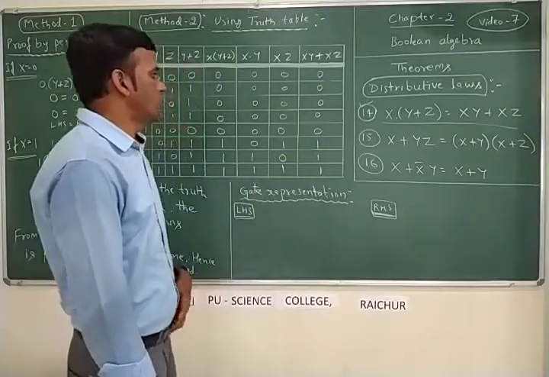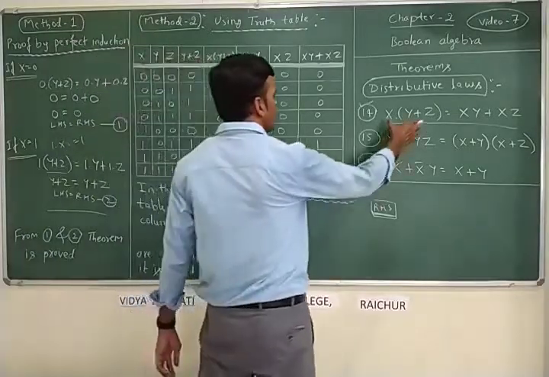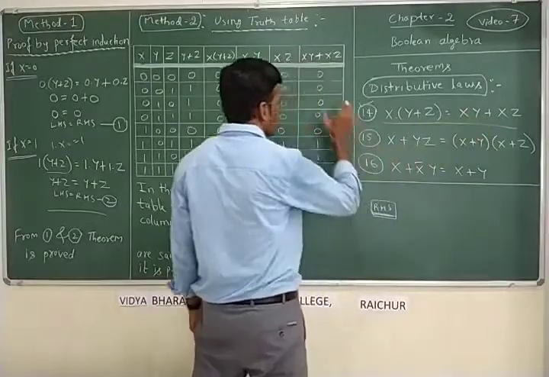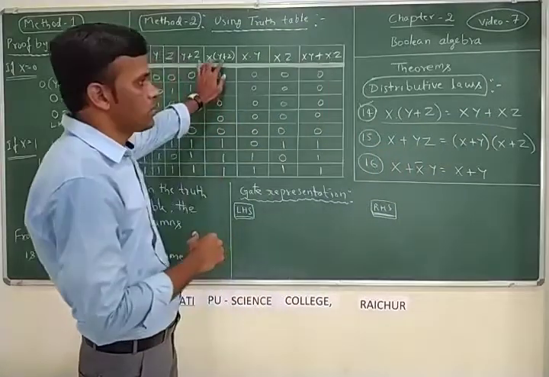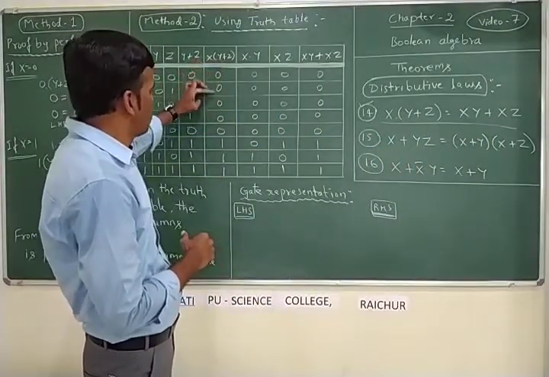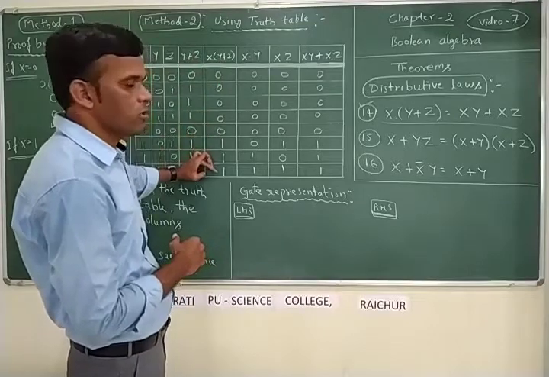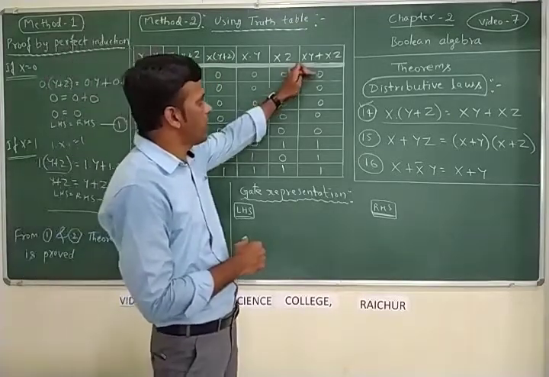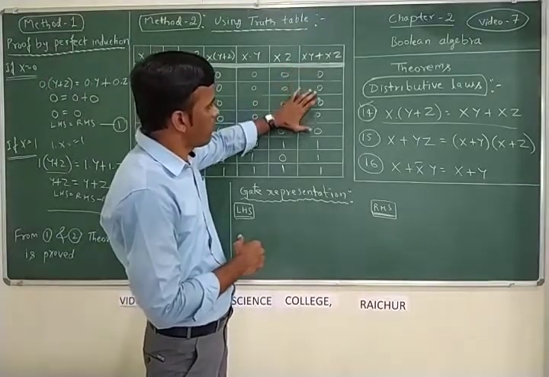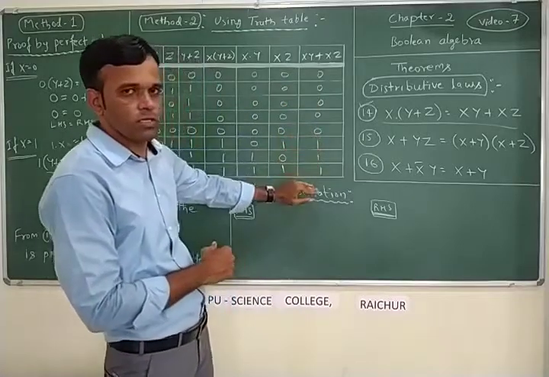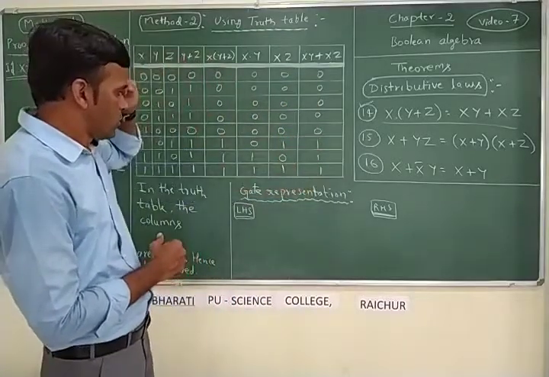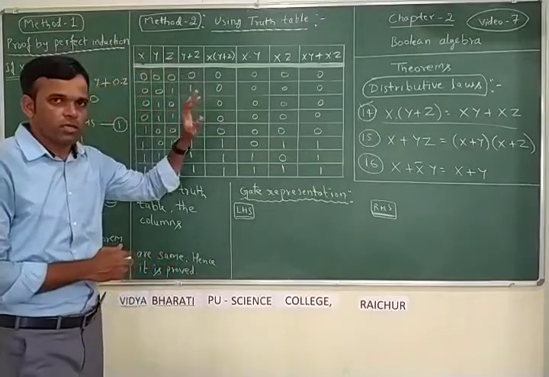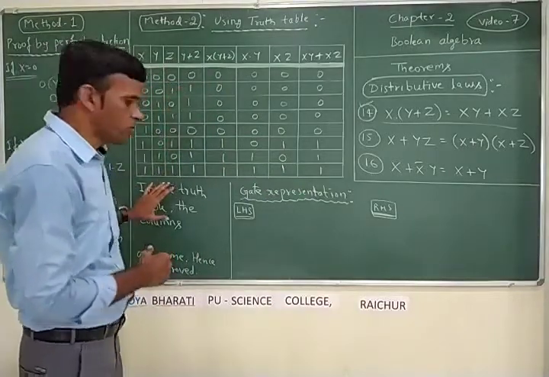So now we will observe this column, x into y plus x into z, with this x of y plus z. So continuously 5 zeros, then continuously 3 ones. Here also we got continuously 5 zeros, then 3 ones continuously. So whichever method you use, you write the conclusion.